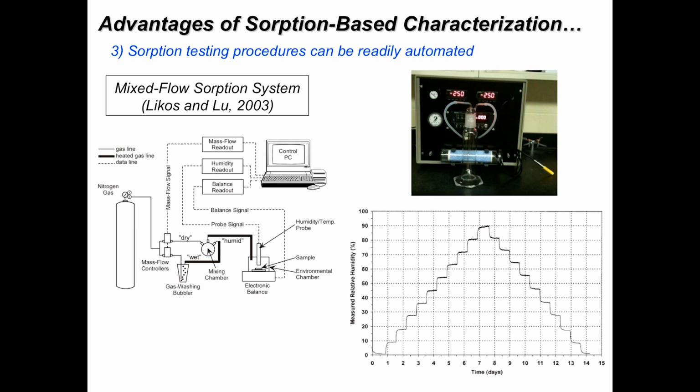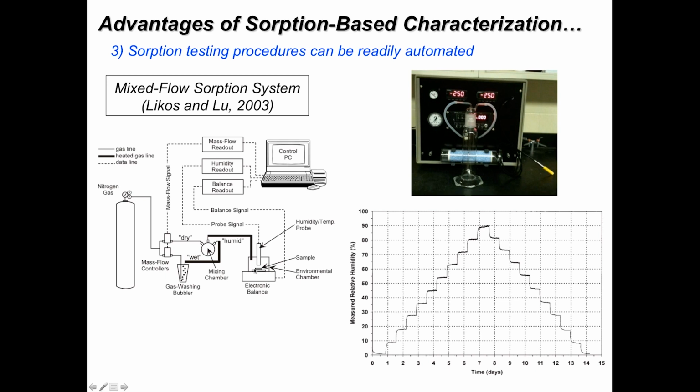The second gas stream was routed through a desiccant column, which isn't shown here. You can see it in this photograph over here, to produce a gas stream probably somewhere around 2% humidity or so. And then we could mix those two gas streams together in this mixing flask at a ratio that would produce a gas stream with some target humidity that we would then route into this environmental chamber, measure the humidity, and use that as feedback to control these two valves.